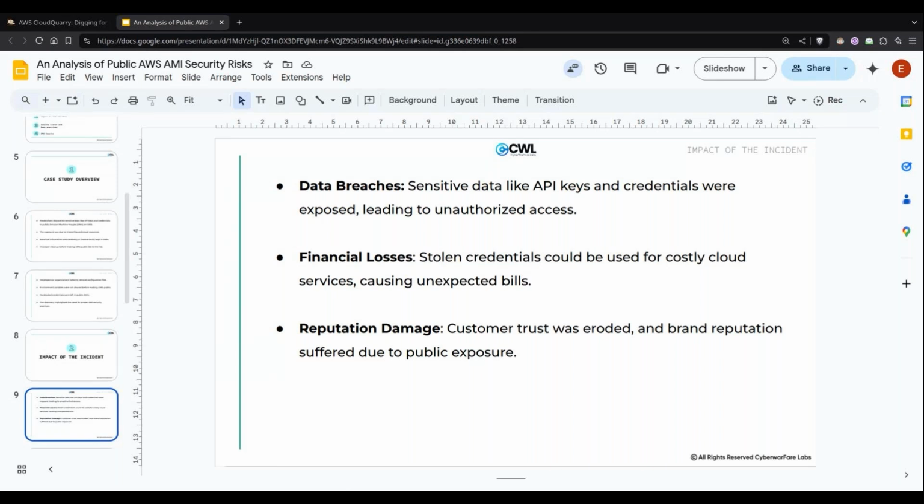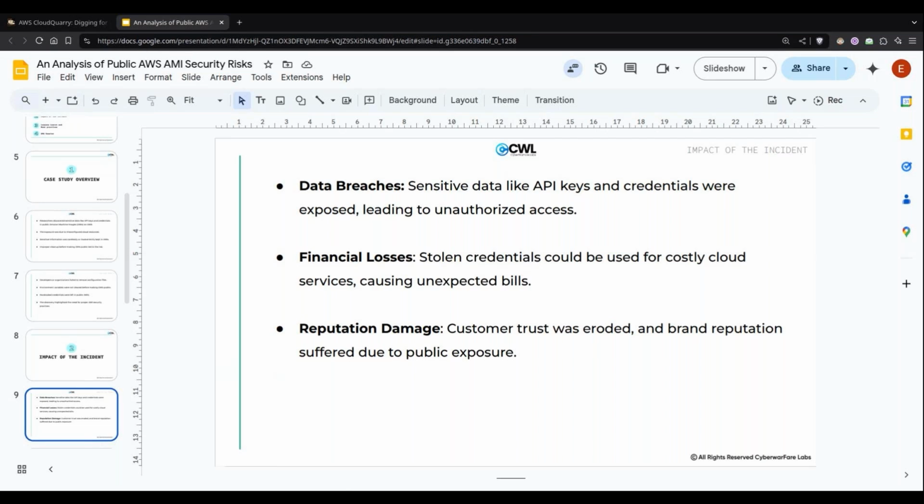And also, most importantly, they were able to find links to private repositories with access tokens. That would be quite disastrous, and someone could find 0 day exploits or CVEs and exploit them in the wild. So that is one impact of the incident.